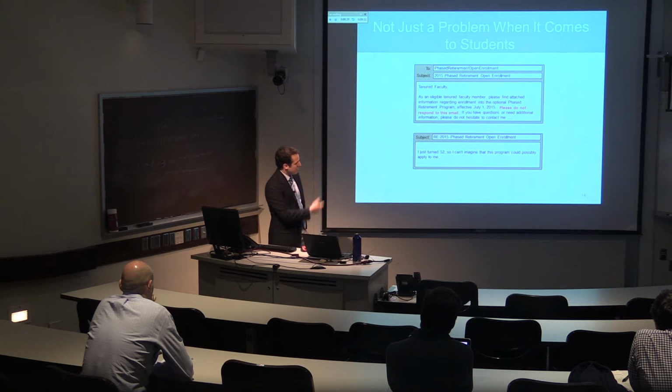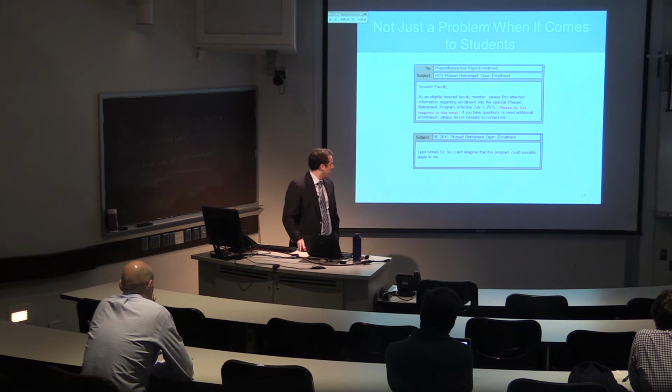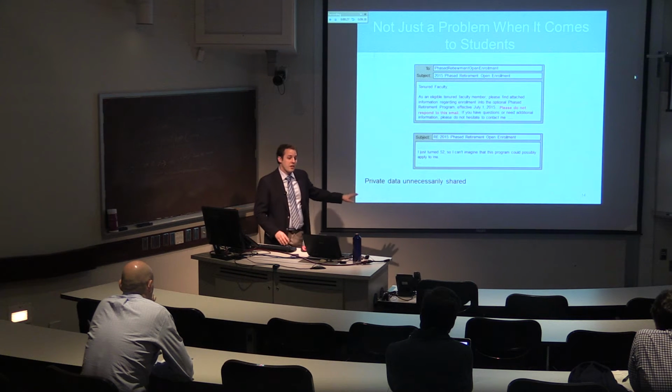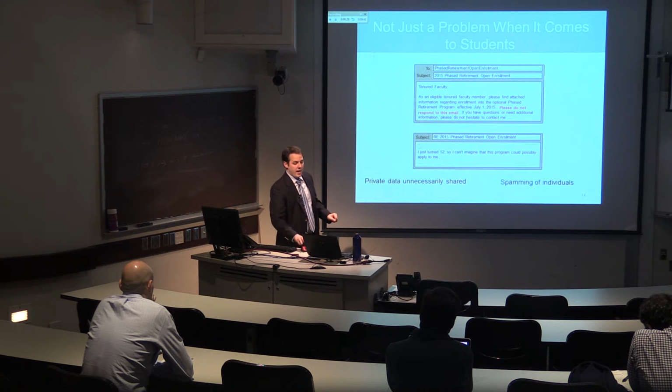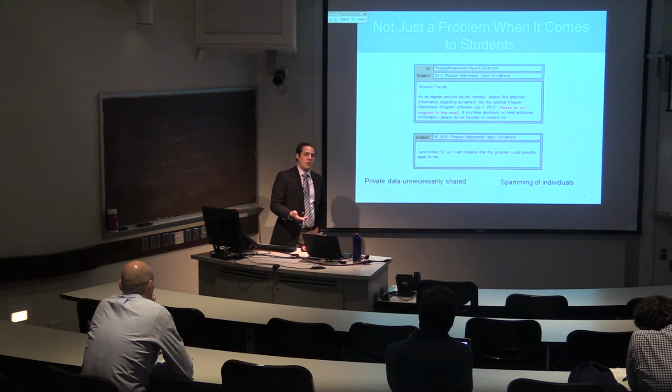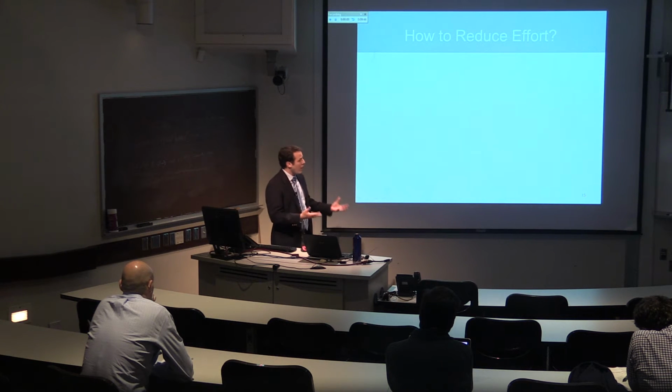But despite this fact, many people responded with sensitive information about their ages. And this shows private data was unnecessarily shared, and spamming of individuals, which past work has stated is an information security problem. So how can we reduce this effort?